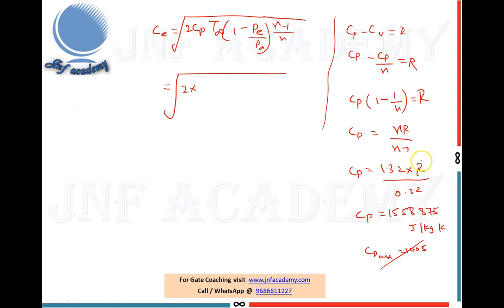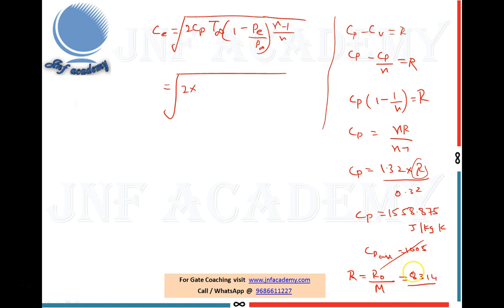So I hope you all know how to substitute this R, right? Don't substitute the R that is directly given in the question. Whatever is given in the question is the universal gas constant. This is a local gas constant. So R is equal to the universal gas constant R naught divided by molecular weight. Both of them have been given in the question. R naught is 8314 divided by molecular weight.